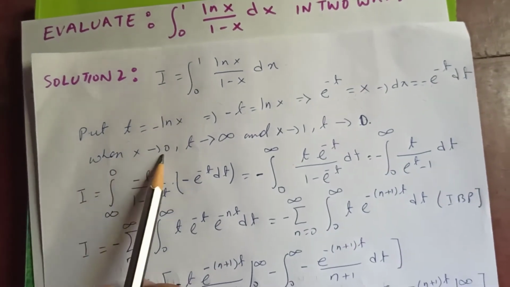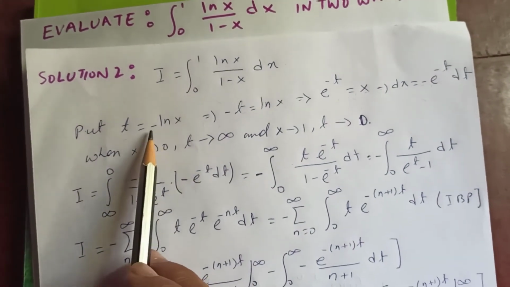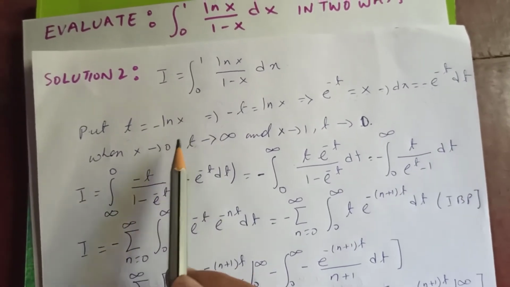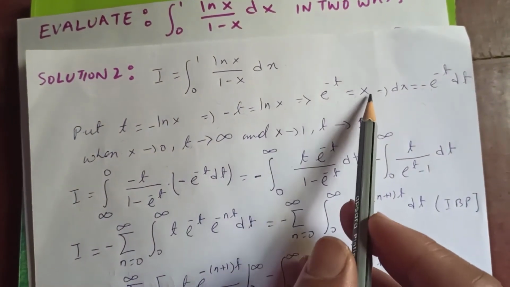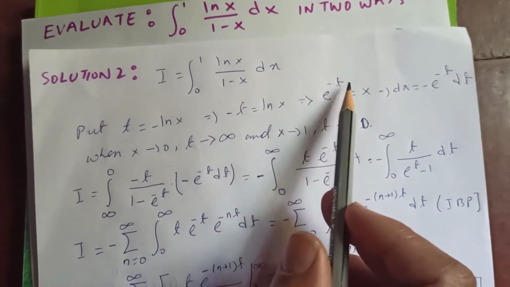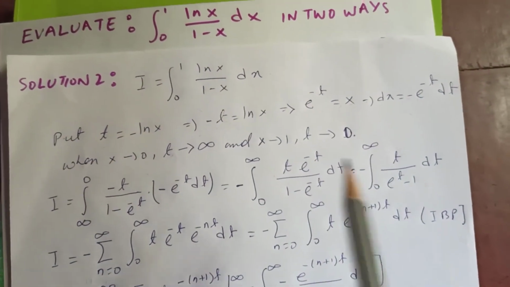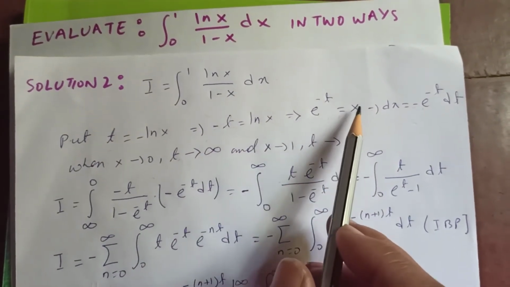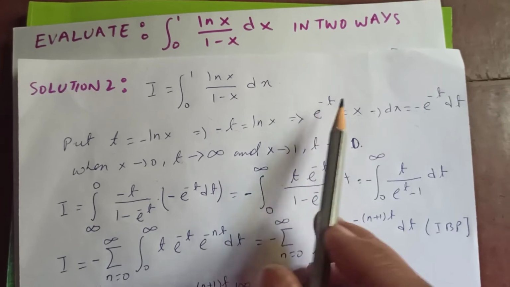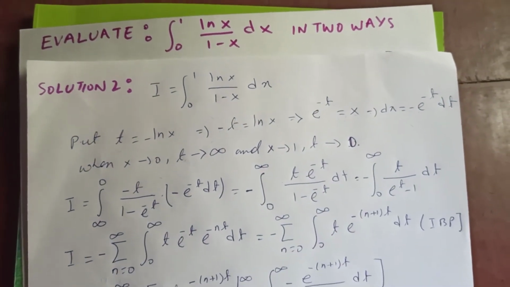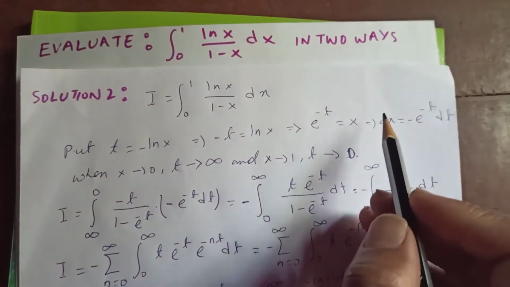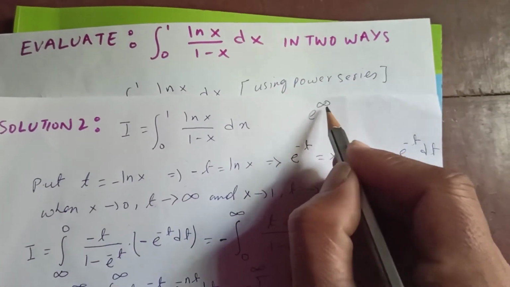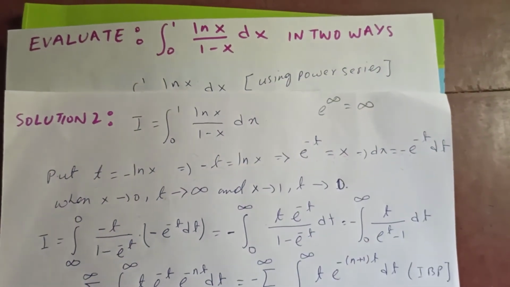So when x tends to 0, here comes why we take the negative sign. When x is 0, what will t be? If you don't put the minus, then when x tends to 0 this will not satisfy anything, since e to the infinity is infinity.